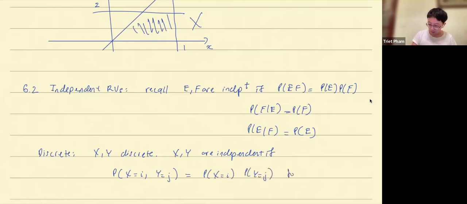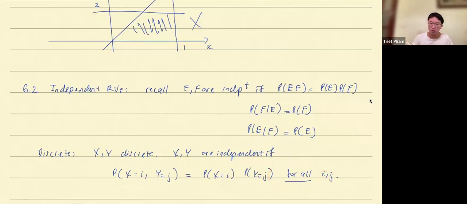And the key is that this holds for all i, j. That's the key. I would say this is not surprising to anyone, but it has to be true for all i, j.